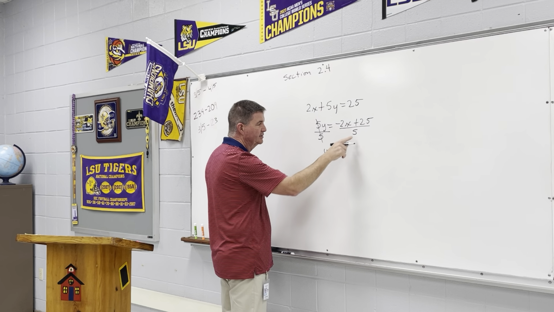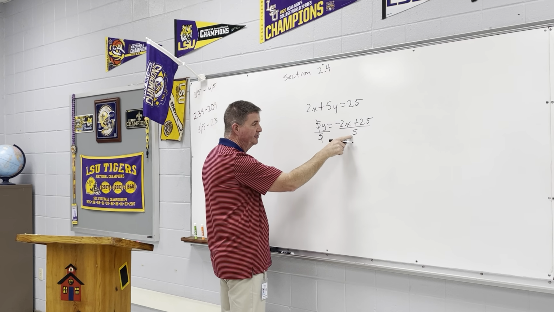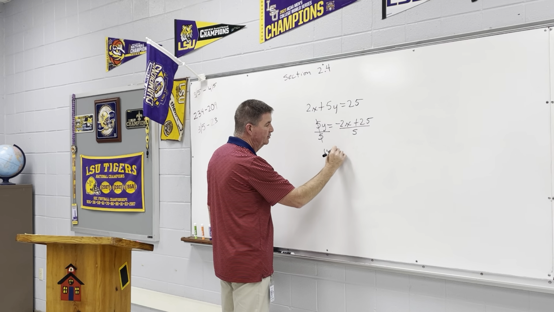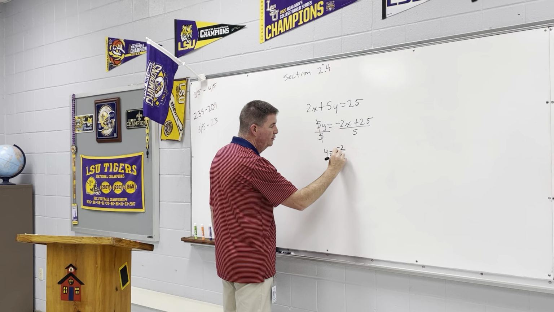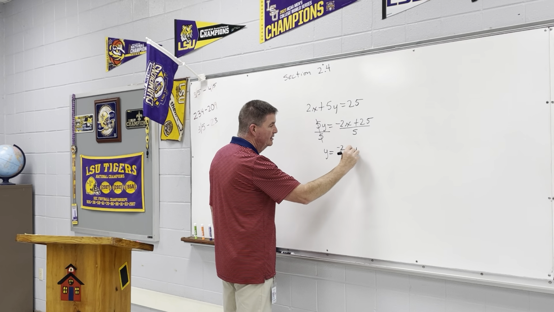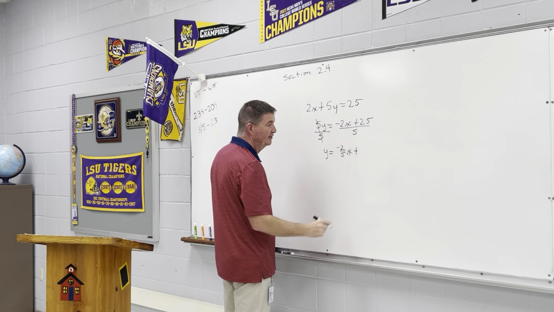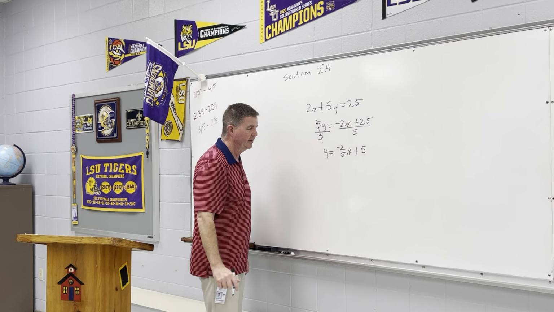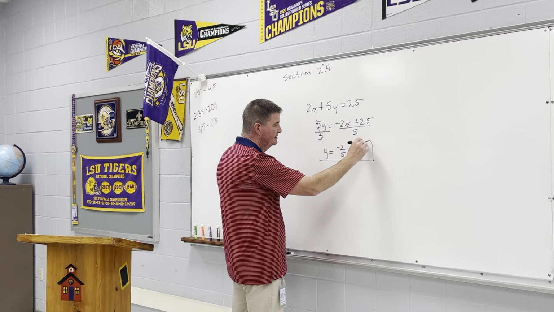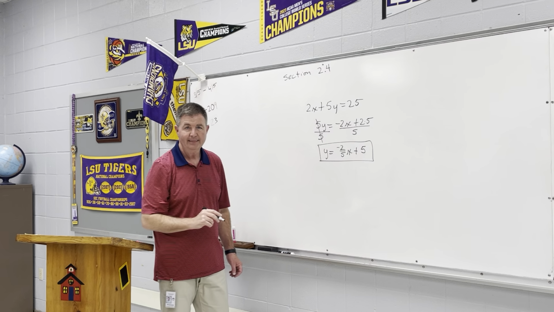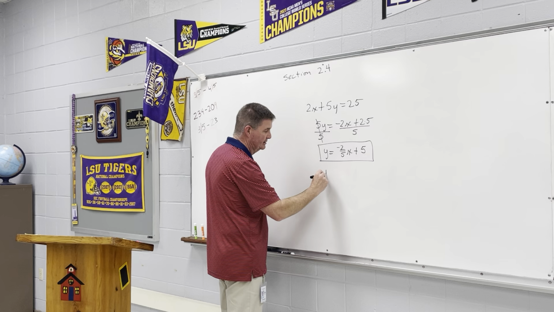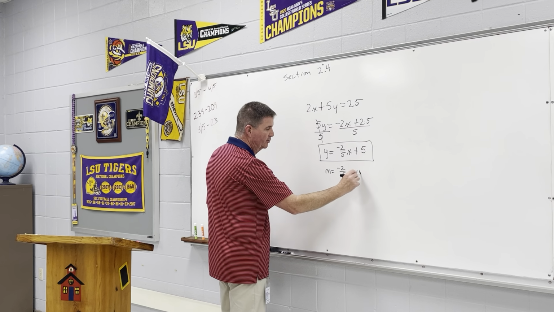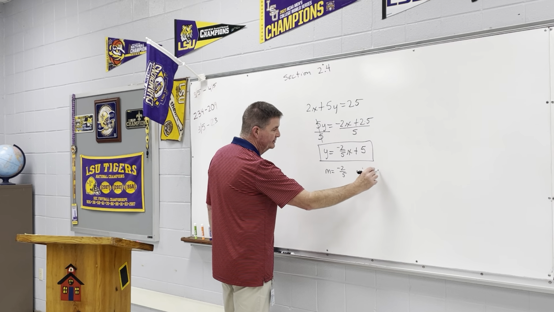So y equals negative 2/5 x plus 25 over 5. Well, 25 over 5 is 5, because 5 times 5 is 25. We wrote it in slope-intercept form, and now we know that the slope is negative 2/5 and the y-intercept is 5.